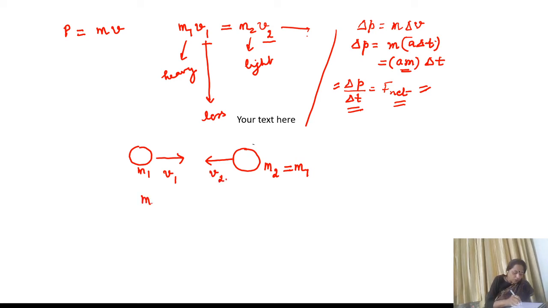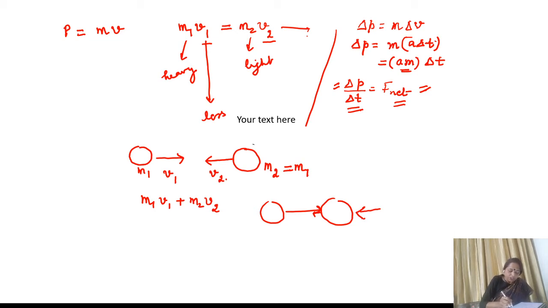So what is the total momentum? m1 v1 plus m2 v2. These two bodies collide with each other, and after collision, suppose these repel, then the law says that the momentum will still remain preserved.